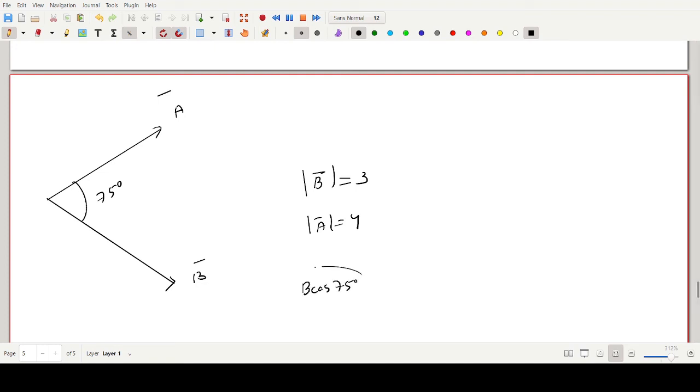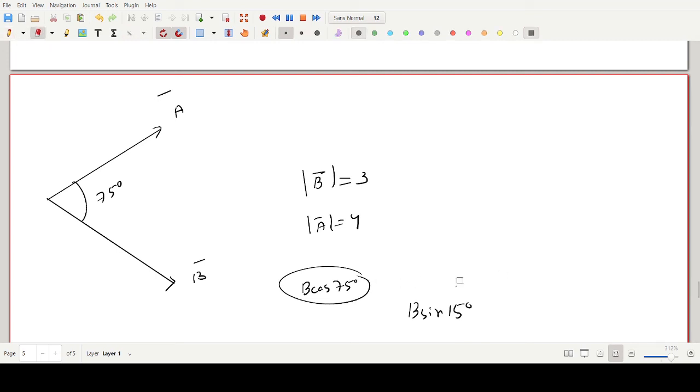B cos 75 degree. Is there any more answer? Sir, B sine 90 minus 75, so basically B sine 15 degree.